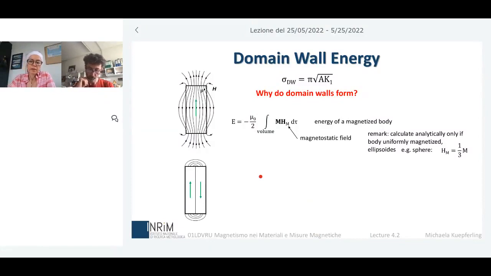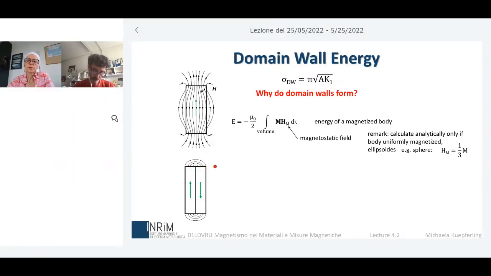Okay. Once we know that, we can think that if we introduce one domain wall in your magnetic material, then you will drastically decrease this magnetostatic field.